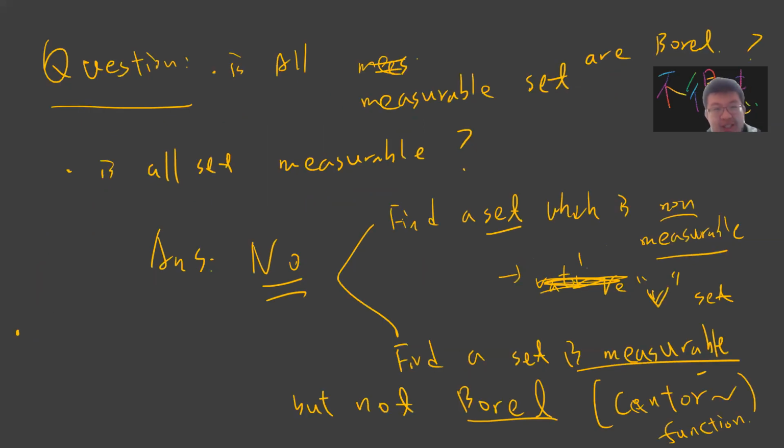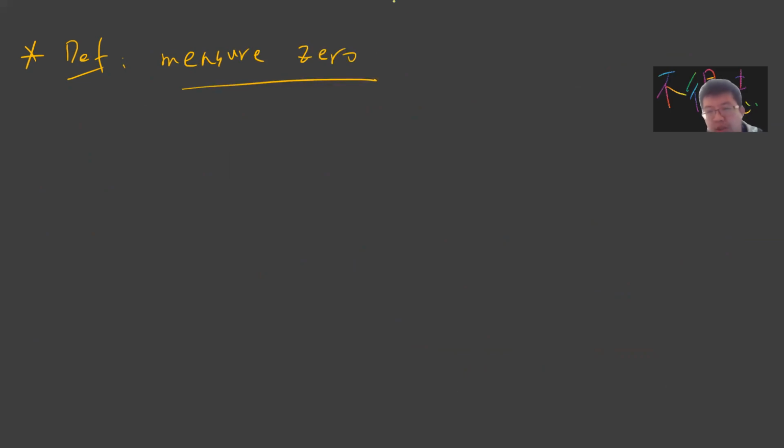Now let me define also a very important idea called measure zero. Measure zero means that, given a set A in R^p, A is measurable, and I mean measure zero, right?